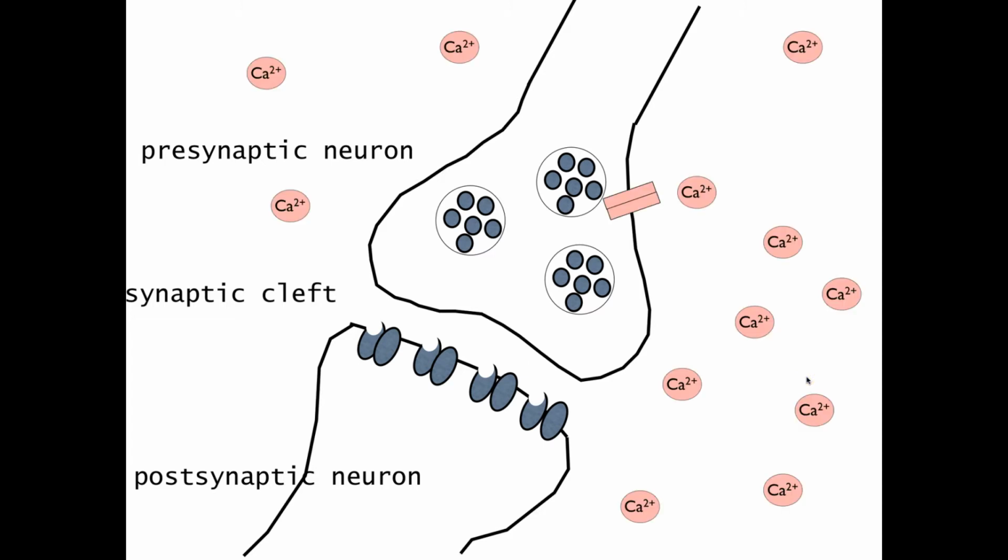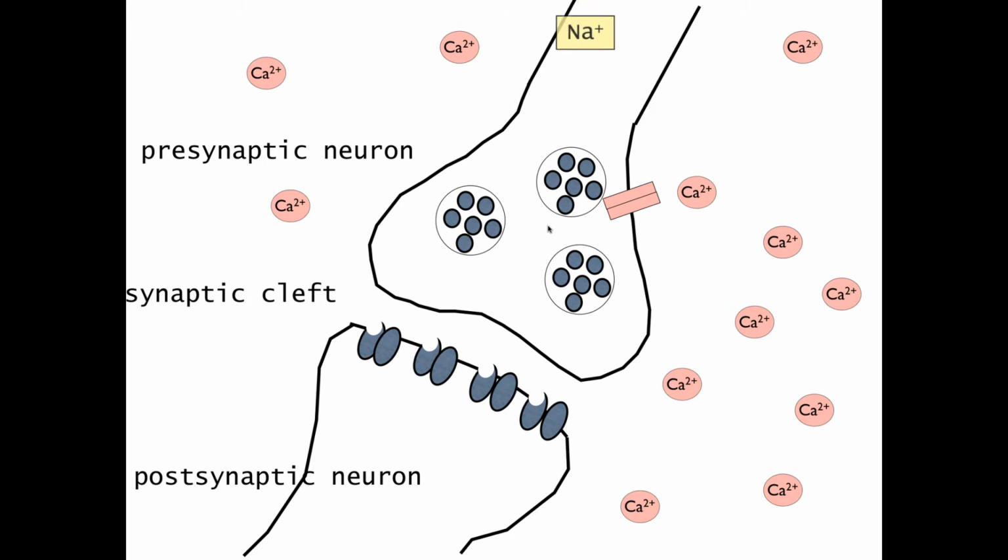One thing I haven't discussed yet is the concentration of calcium ions. Calcium is found in higher concentration outside the neuron in the extracellular fluid versus inside the neuron. In axon terminals, we have calcium channels. These calcium channels are voltage-gated channels, meaning that a change in the voltage within the membrane will cause them to open.